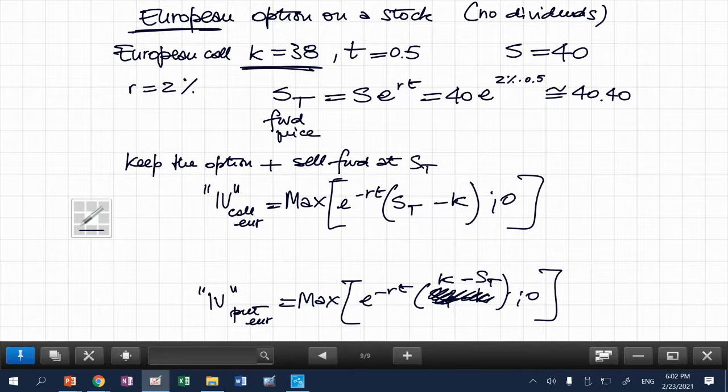A small remark here. Here it's important that we have two corrections. So we use the forward here, and then we discount. The forward is because the option is European, okay? And so we have to compare not with the spot price, but with the forward. The discounting is because on top of being European, it has a premium paid up front, okay?